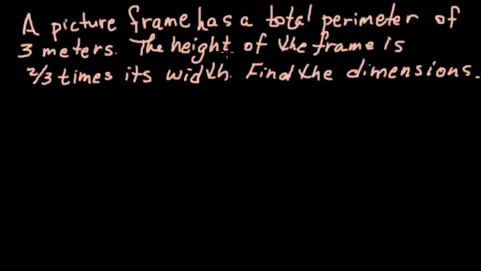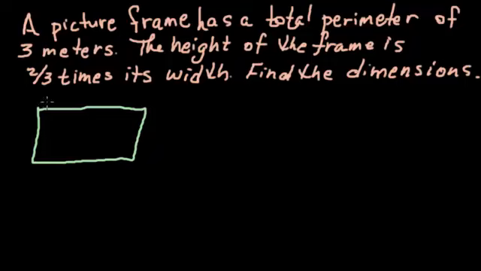All right, my next problem is a dimensions problem. And anytime I'm given a dimensions problem and it tells me I've got some sort of shape, I usually, well, always will draw that shape so I can figure out what in the world they're talking about. So it says I have some sort of rectangle because I have a picture frame and I know what they look like.